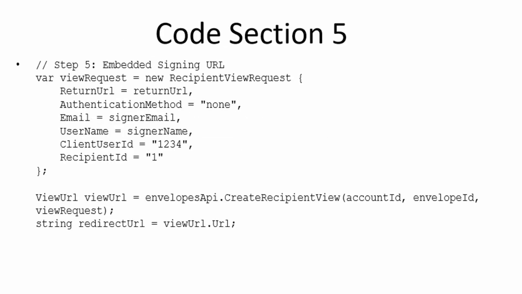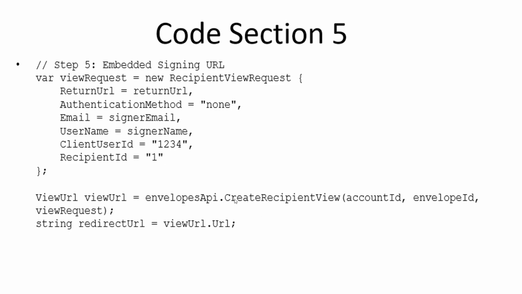If you want to enable embedded signing, like we have already discussed, where you want to open DocuSign in an iframe or a new tab within your application, what you need to do extra is create one view request, a recipient view request, and in that you need to create a model like this, and assign a client user ID 1234 here and recipient ID equal to 1.